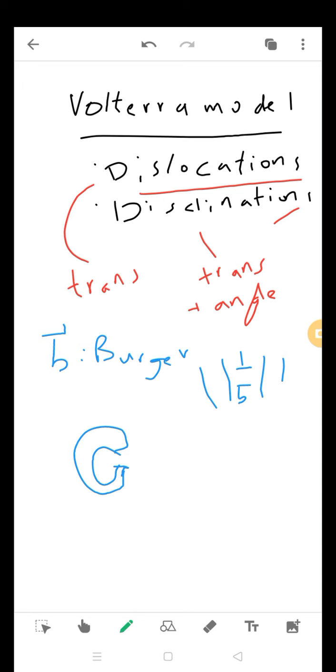You can see that there is a difference in the starting and the ending point. So this corresponds to a Burgers vector b.